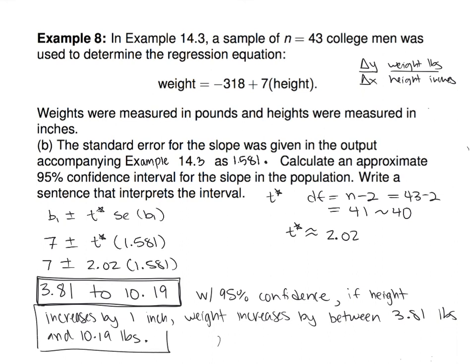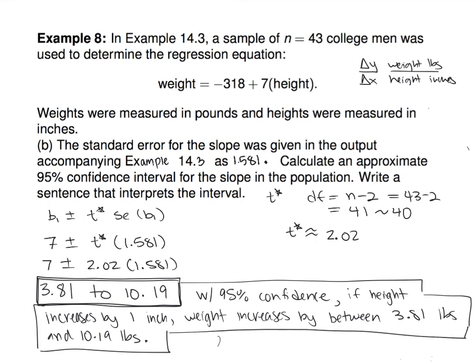So I'll probably always ask you to interpret your intervals, because it is important you know how to explain what they mean, not just find the numbers. You could also say something like, with 95% confidence, a weight gain of 3.81 pounds to 10.19 pounds occurs with every 1 inch increase in height. There's lots of ways to say that correctly. You can kind of reverse the order, but the kicker is inch increase in height and then this range of increase in weights.